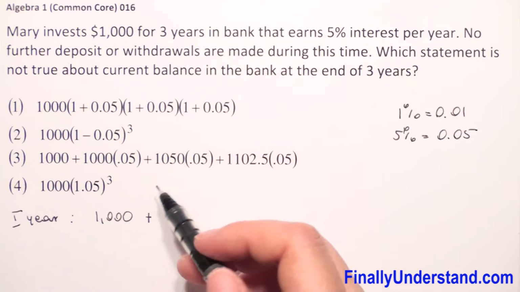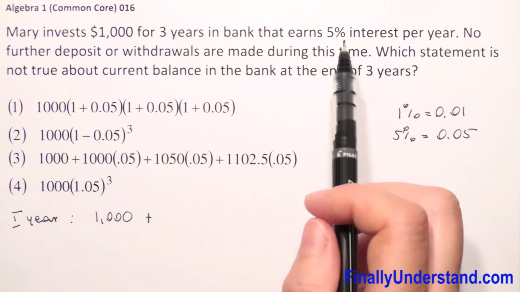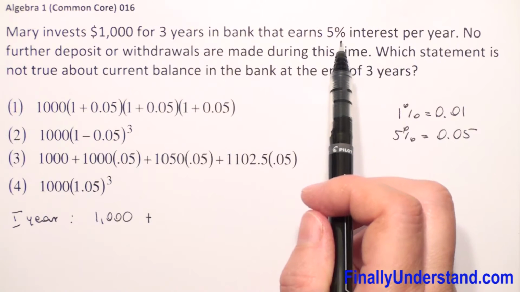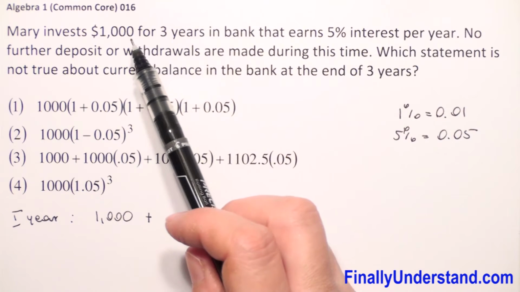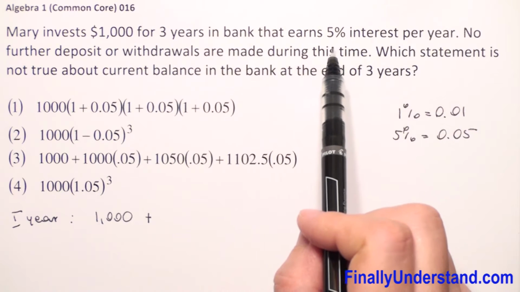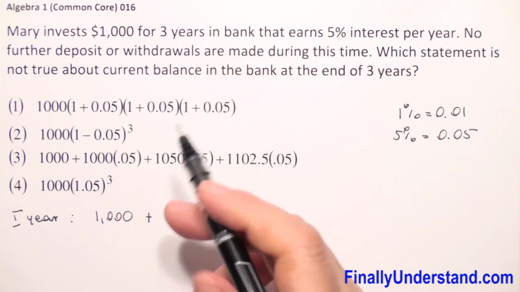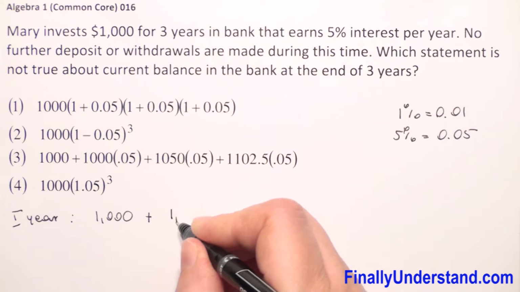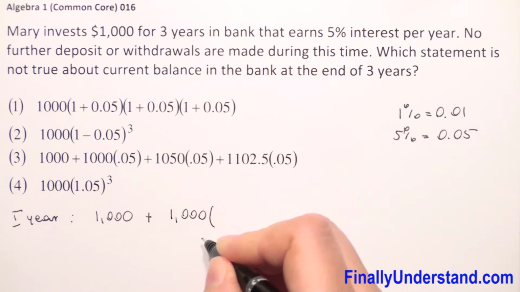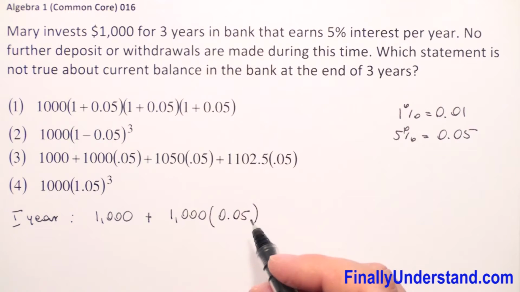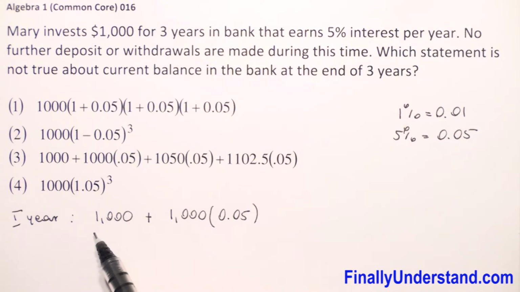So she earns 5% of her balance at the end of every year. So she has 1,000. She earns 5% of this 1,000. So it will be 1,000 times 0.05. At the end of the first year, she will have something like this.